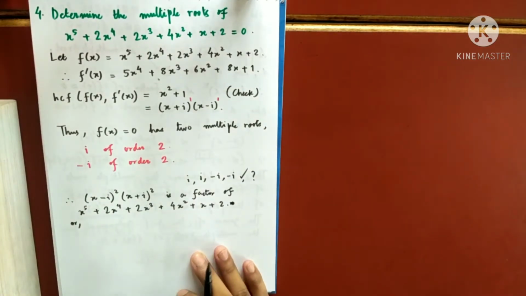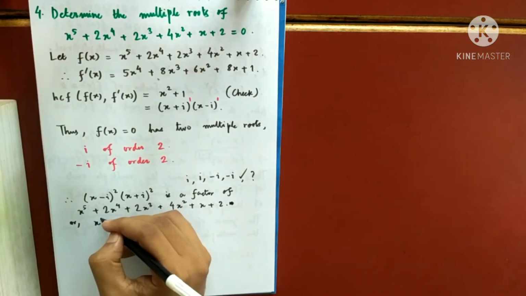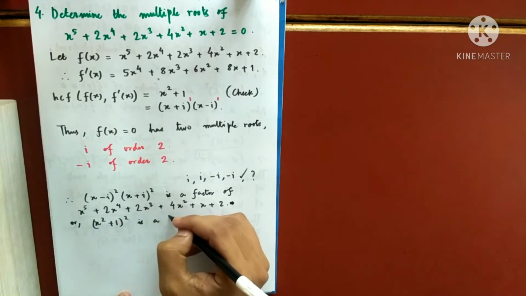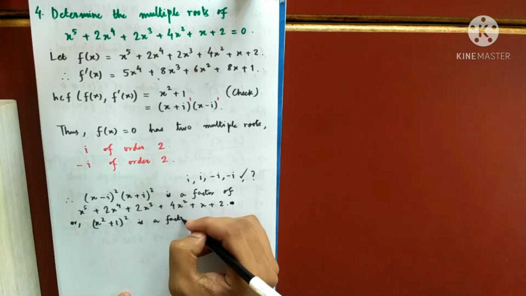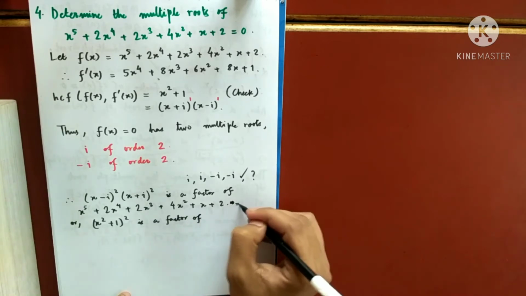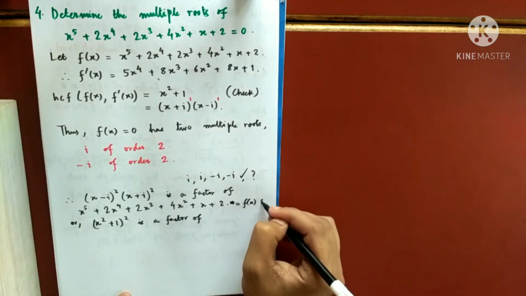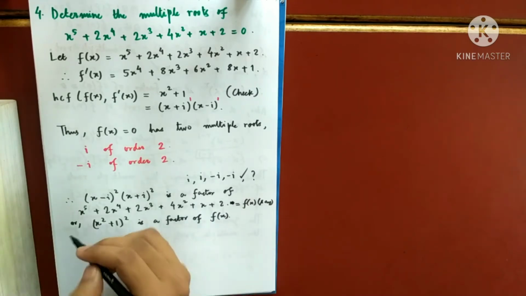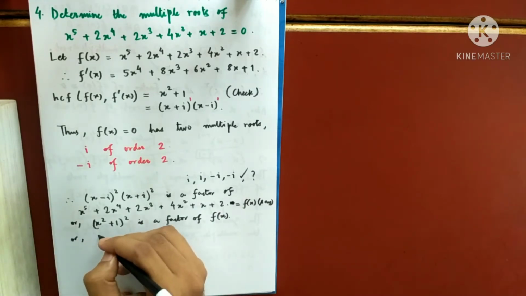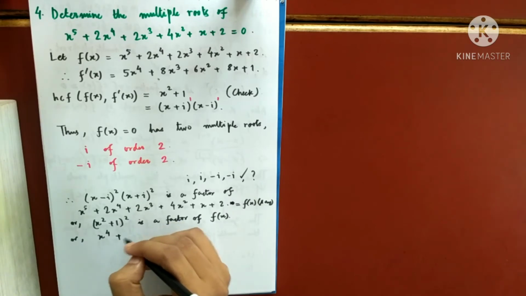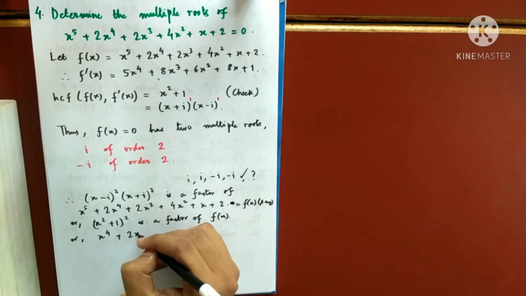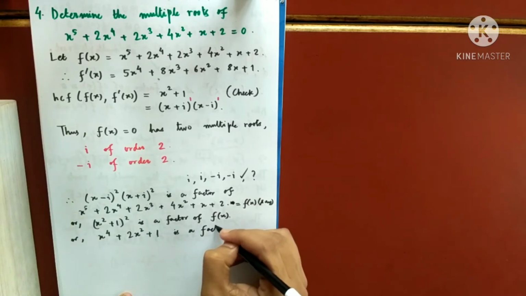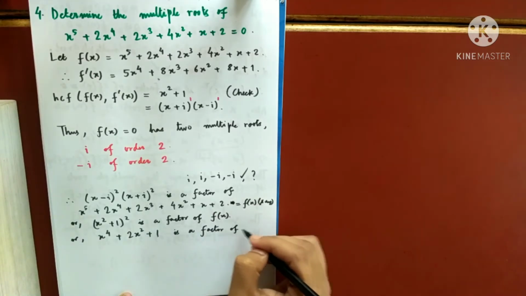So (x square plus 1) whole square is a factor of f(x). Or open this using a plus b whole square: a square plus 2ab plus b square is a factor of f(x).